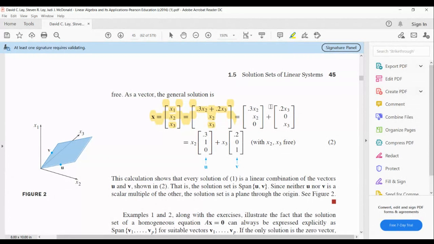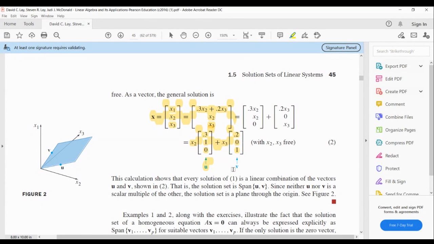How many parameters do we have here in this example? Good, Hung. You have two parameters, x2 and x3. And so I can write the solution vector x, which is all the points on the plane, as a linear combination of the vectors u and v.